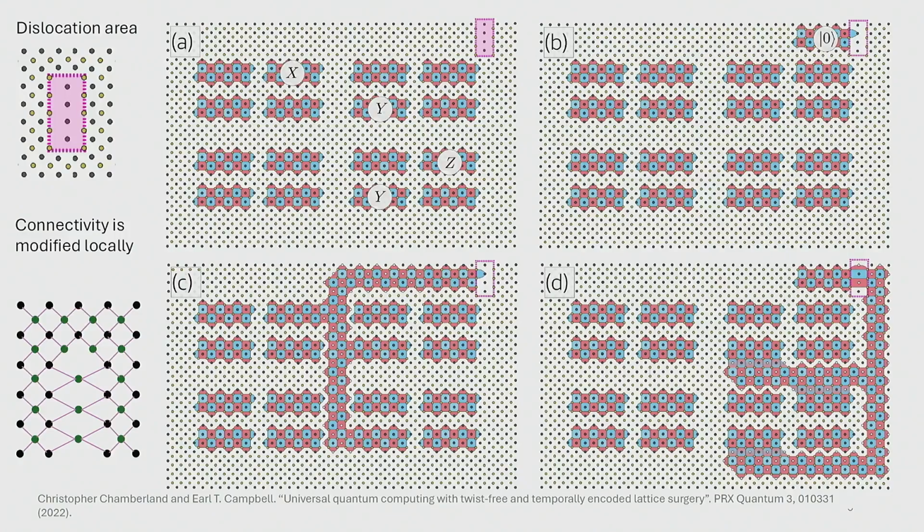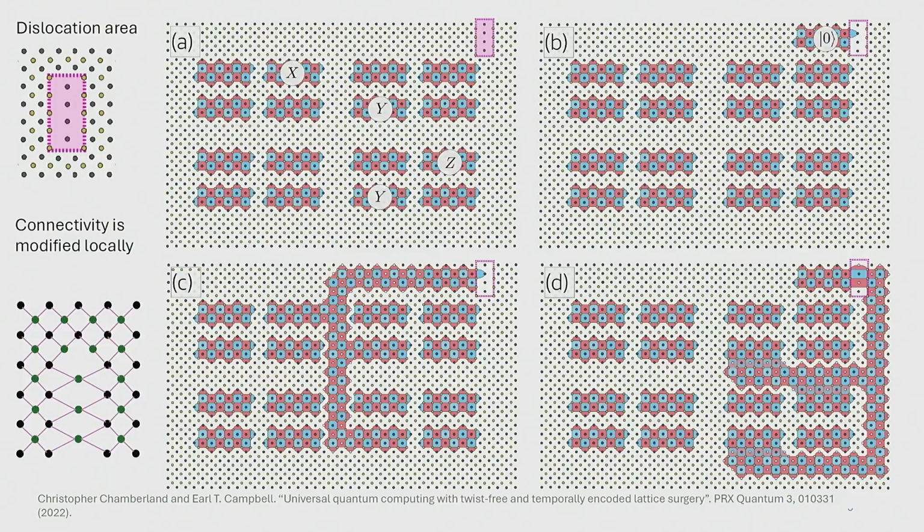Let me recall two prior papers which address these problems to some extent. Both are written by the same authors, Christopher Chamberlain and Earl Campbell. In the first case, they used twist-free lattice surgery on square grid connectivity hardware, except they introduced an area on the hardware, which they called a dislocation area, where, as shown here, the connectivity graph is modified.